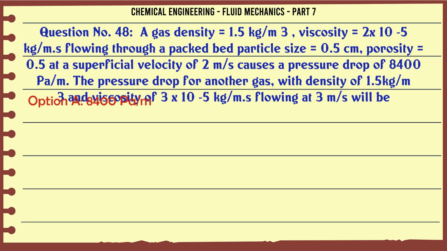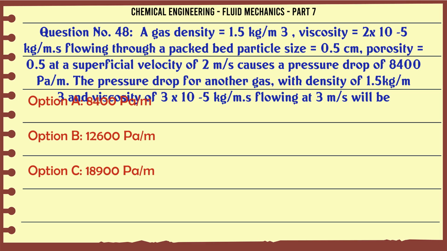A gas of density 1.5 kg/m3, viscosity 2x10^-5 kg/m·s flowing through a packed bed, particle size 0.5 cm, porosity 0.5 at a superficial velocity of 2 m/s causes a pressure drop of 8,400 Pa/m.